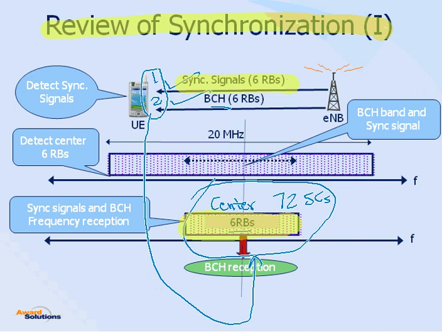After we look at the broadcast channel, and specifically after we process the master information block, only then will we know that we have a certain bandwidth being used inside that cell. So that's the beauty of this design, that there is no need to know the system bandwidth before we look at the broadcast channel.